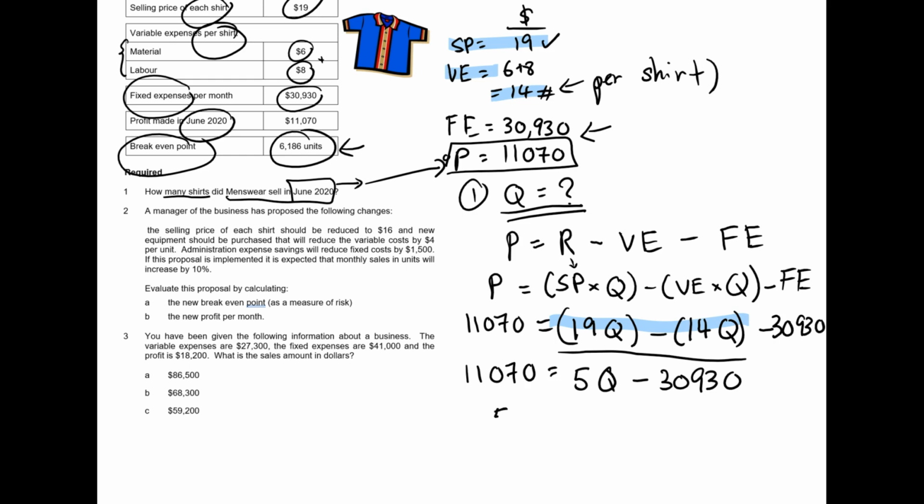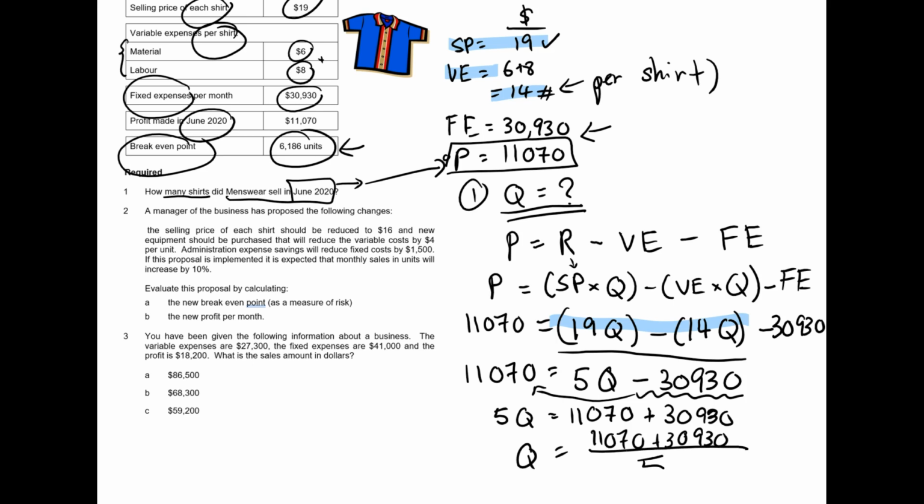Hence 5Q equals 11070 plus 30930. Basically, I'm moving this figure to the other side of the equation. So Q equals 11070 plus 30930, divided by 5.